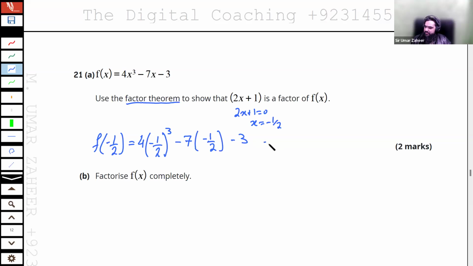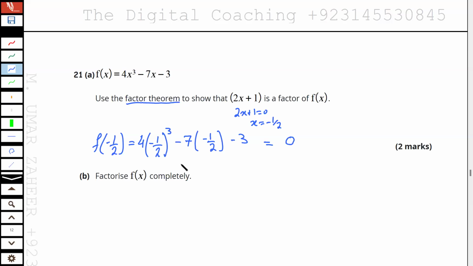Yes, everyone. What is the final answer? Zero. Are you finding it or just predicting? Yes, it is 0, but you have to check it with your calculator.